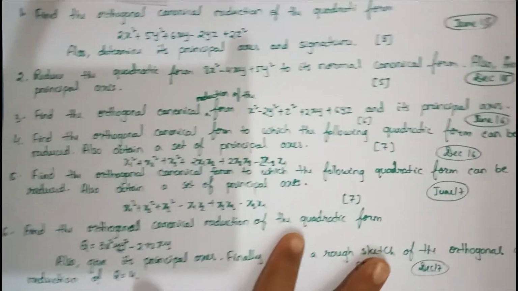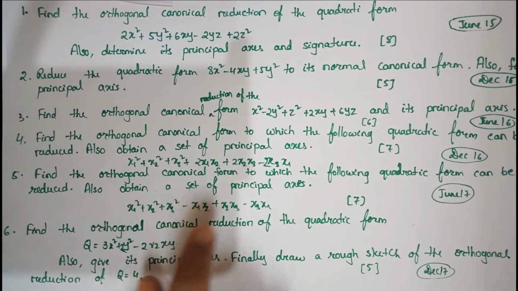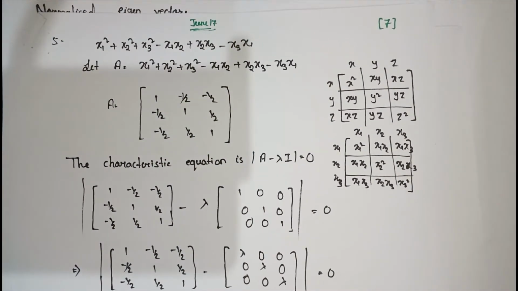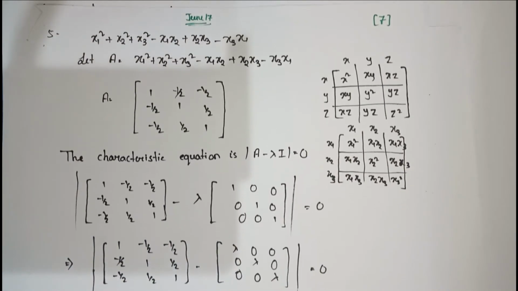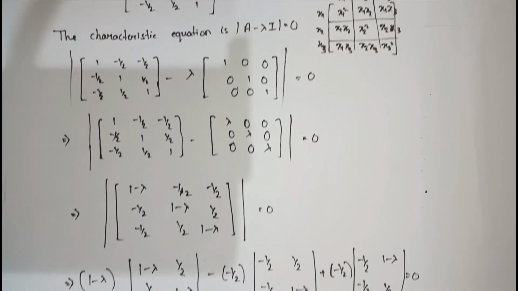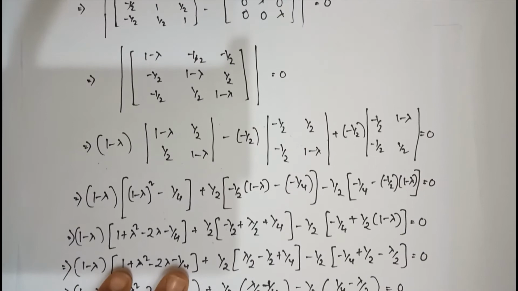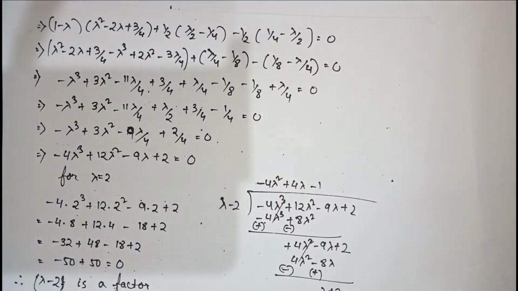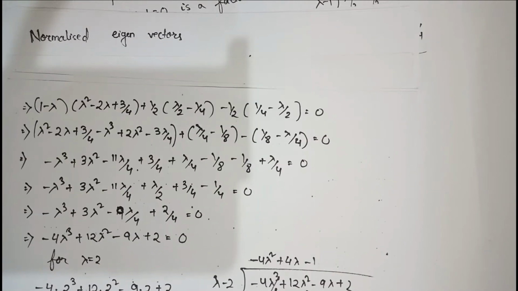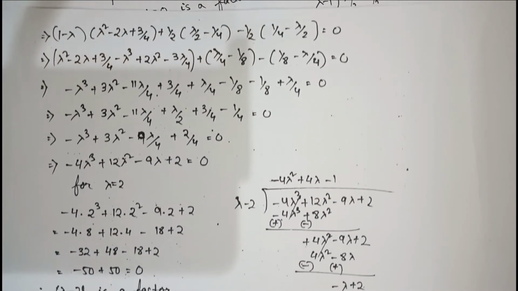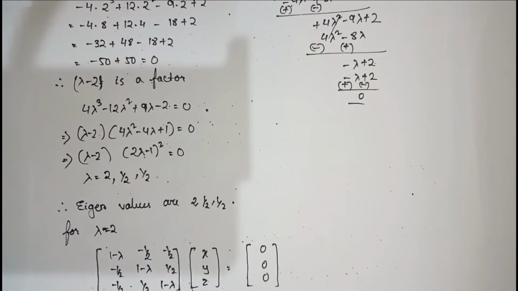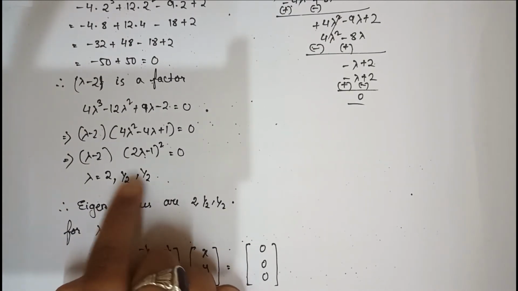So this is number 5, and again the same thing is being asked: orthogonal canonical form and principal axis. So let's have a look at this. Again here, look, there are same eigenvalues too.